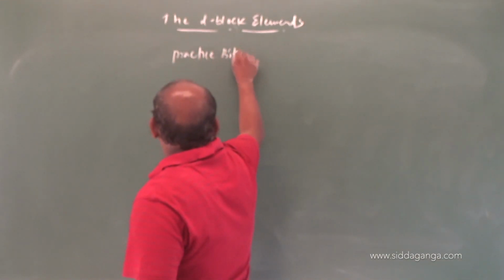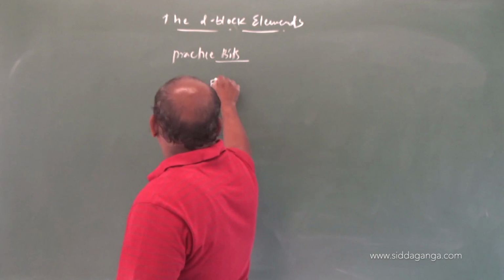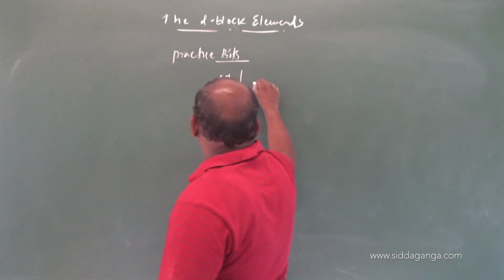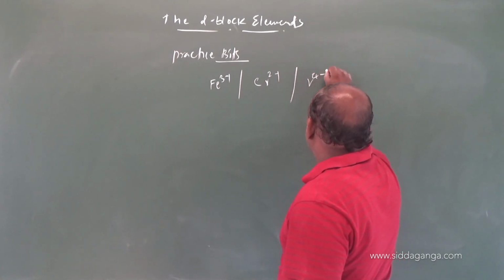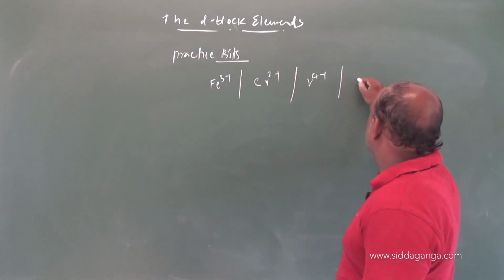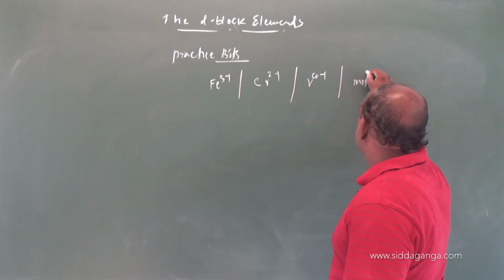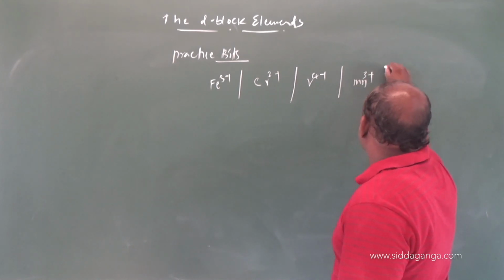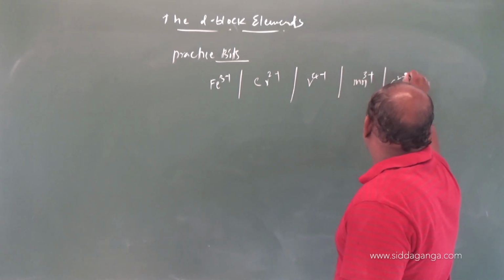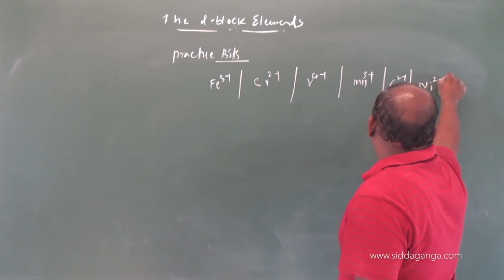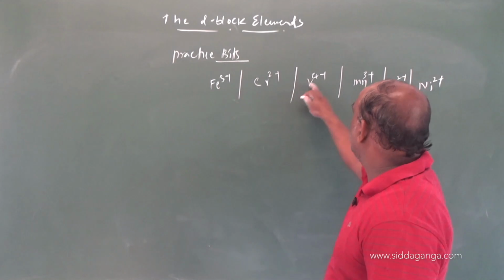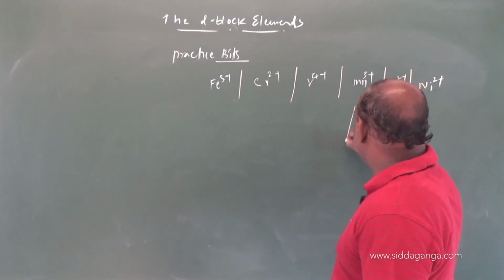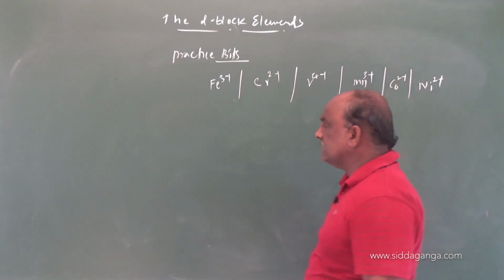Practice bits: Fe3 plus, Cr2 plus, V4 plus, Mn3 plus, cobalt 2 plus, Ni2 plus, Cu plus. You should practice these examples.